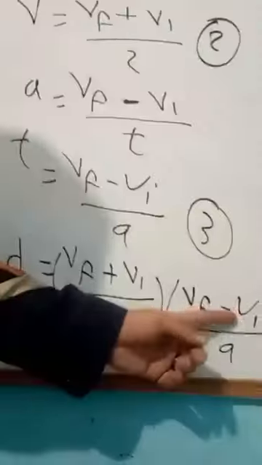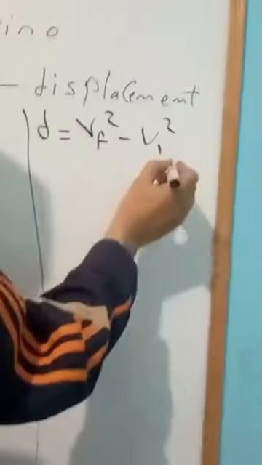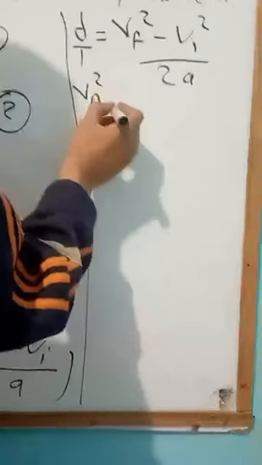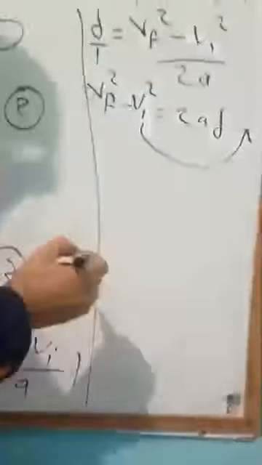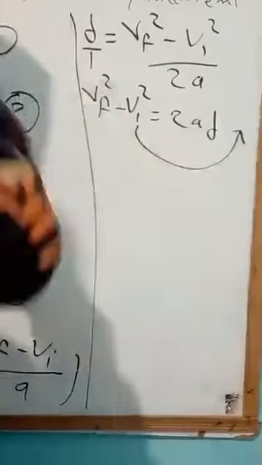By multiplying Vf plus Vi by Vf minus Vi, we obtain that D equals Vf square minus Vi square over 2A. The denominator of D equals 1. Multiplying both sides, Vf square minus Vi square equals 2A times D, equals 2AD. By transferring Vi square to this side, its sign is negative, so we transfer it with a positive sign.